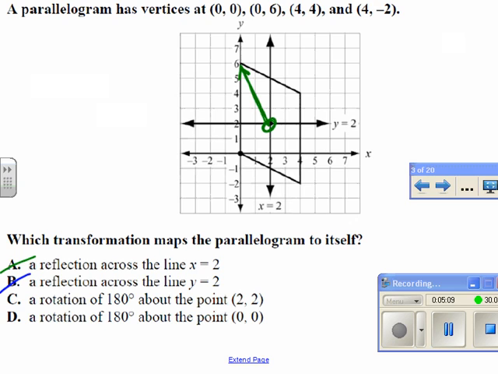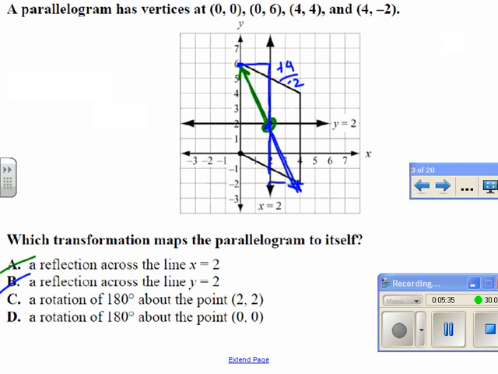Directly across the clock from here would be in this direction. You'll notice I go up 1, 2, 3, 4, back 2. Directly across from this would be down 4, forward 2. So my new point is right here.